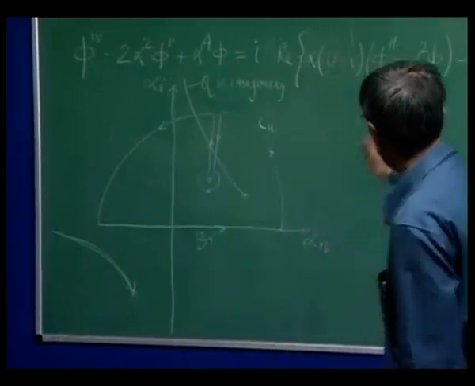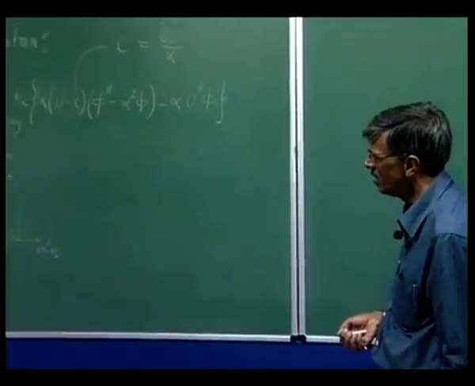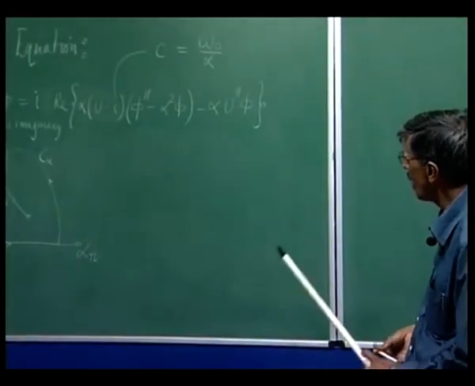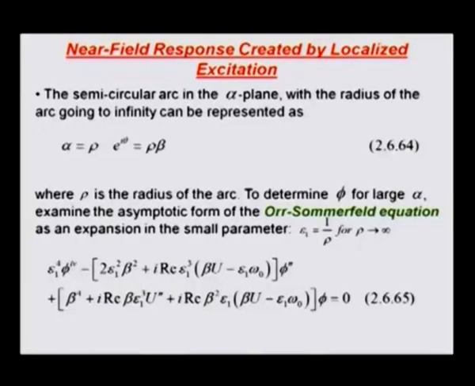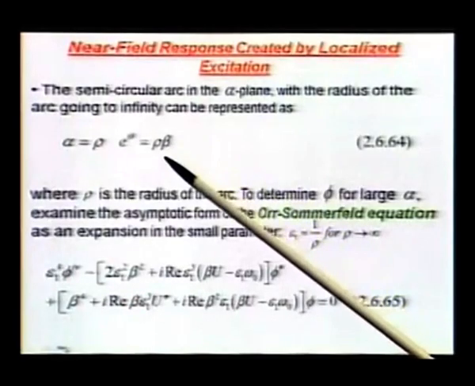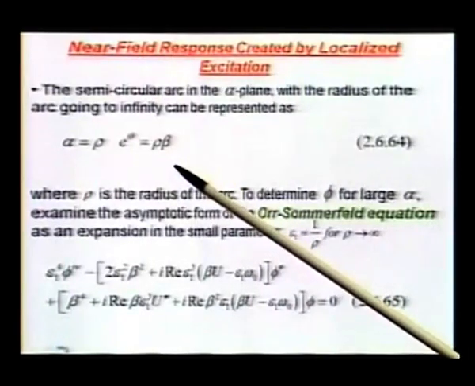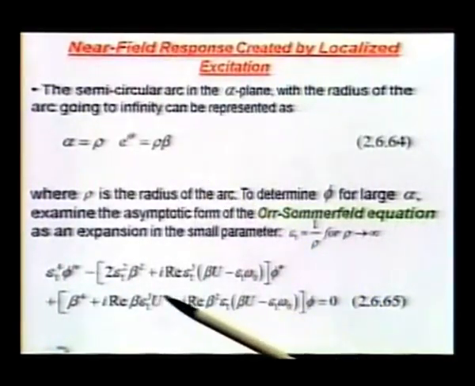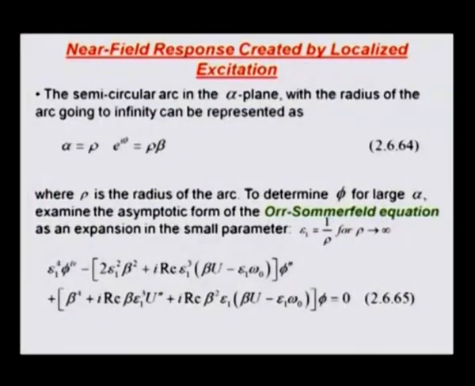And then I have the Sommerfeld equation. And then what I would do is wherever alpha appears, I will write it in terms of what? Beta by epsilon 1, isn't it? Beta by epsilon 1, and I plug it in and expand it. This is what I get.